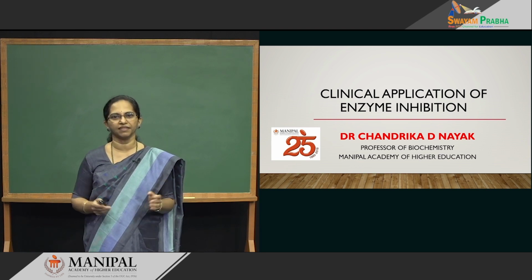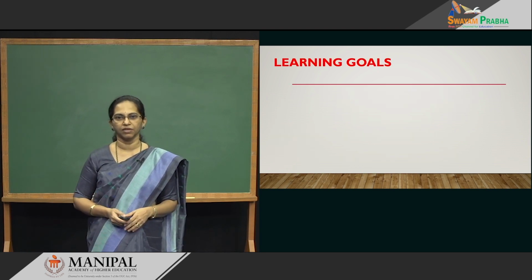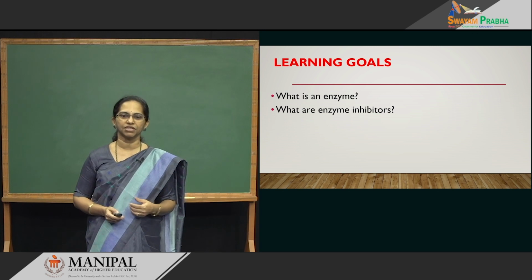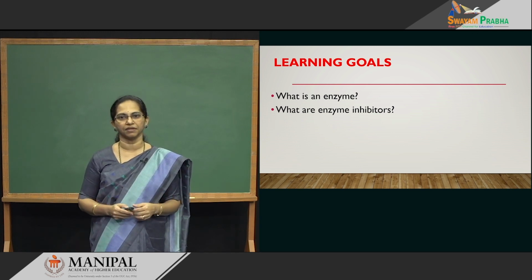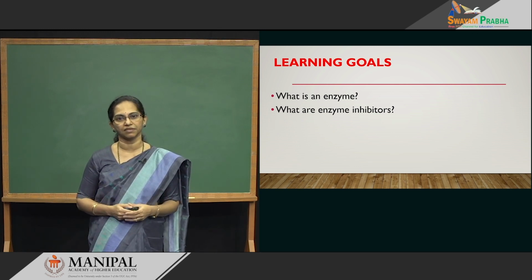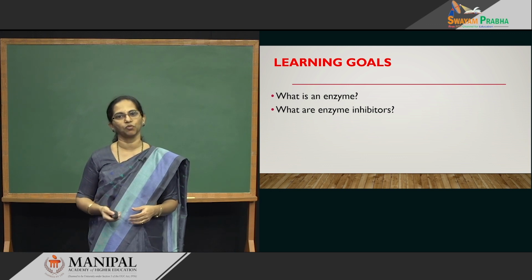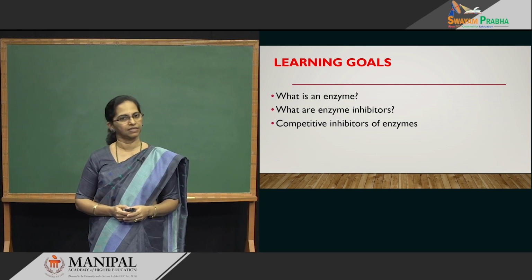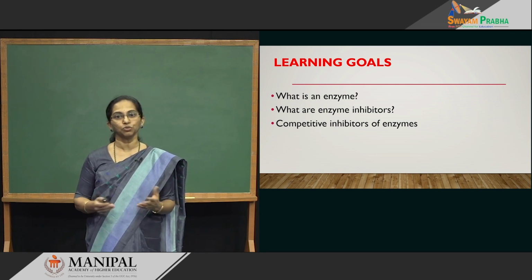So, let us define the learning goals. The learning goals are: what is an enzyme first of all? After we know what is an enzyme, we shall see what are enzyme inhibitors. Who are these inhibitors? After this, we move on to study what is competitive type of enzyme inhibition, because there are two types.